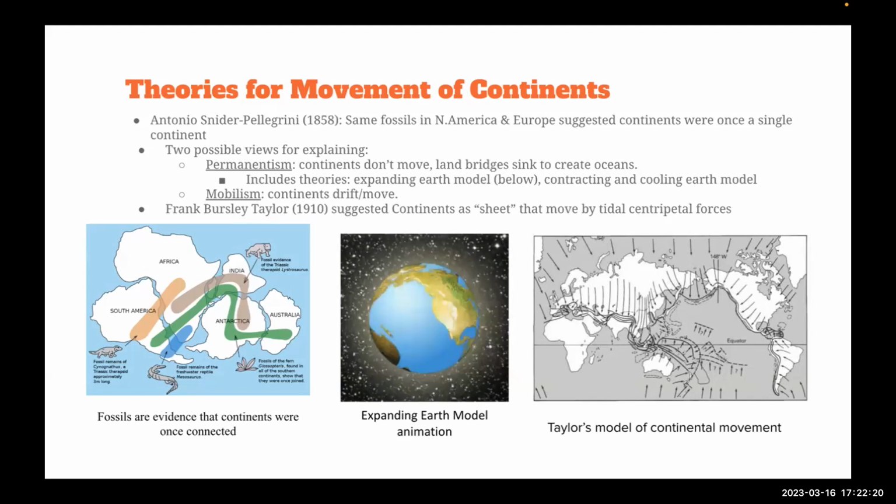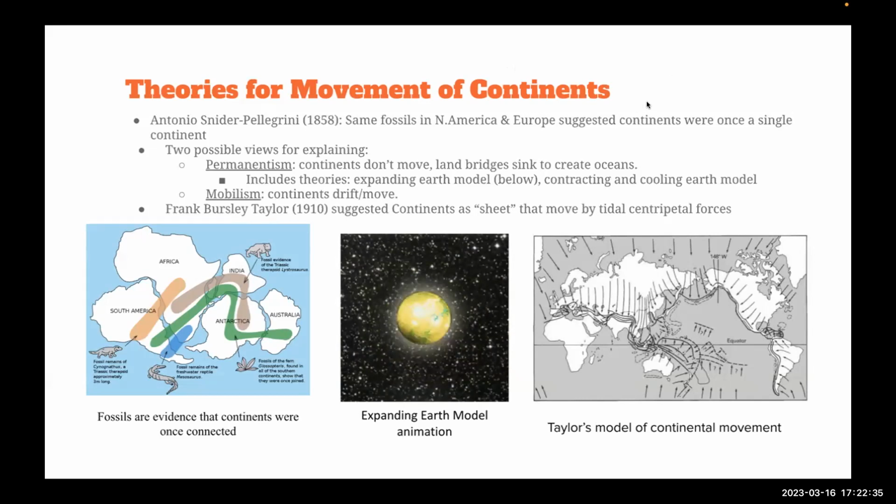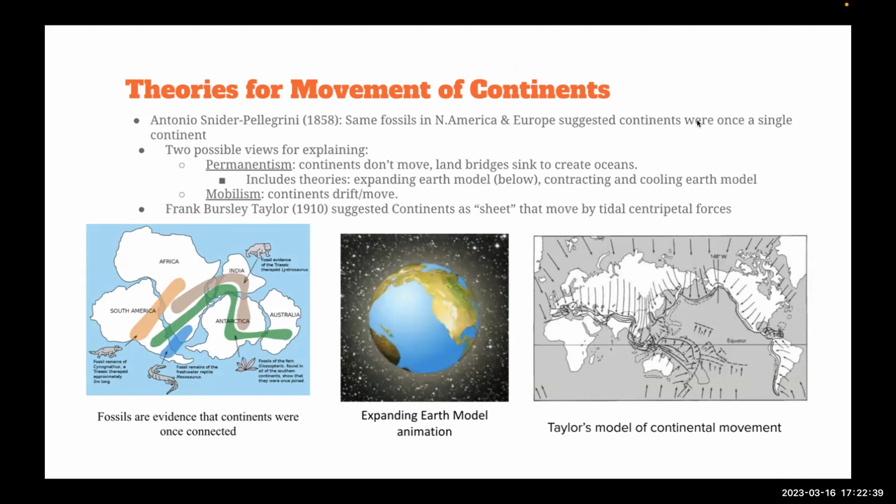So as time went on, Earth would cool and shrink, and because of that, Earth's continents would move, just as letters would move on a balloon, through the contraction of the Earth itself. Continents didn't move in the idea of permanentism, which is where the word comes from. It's permanently in place, but Earth as a whole would change its size or volume.